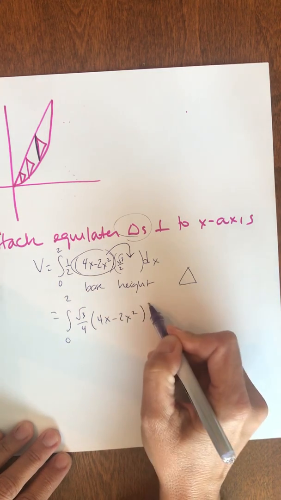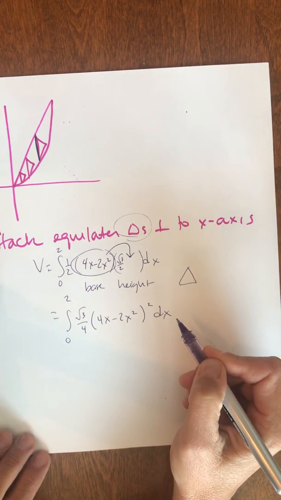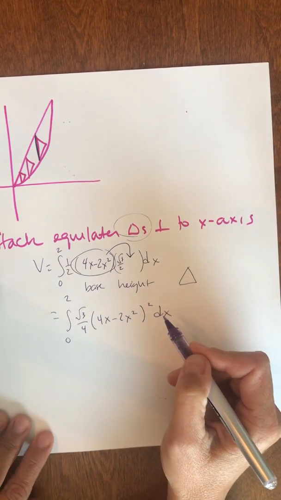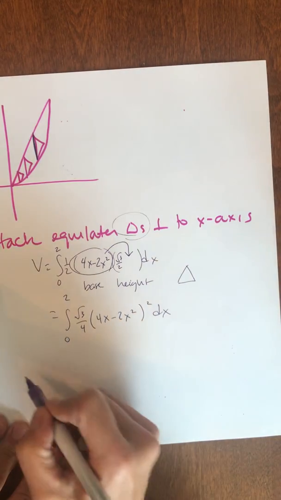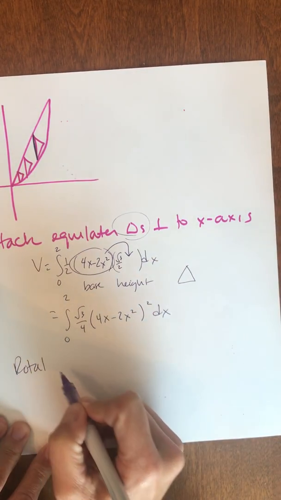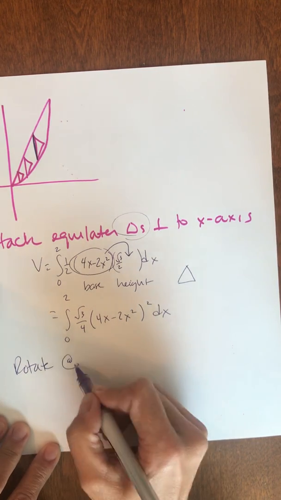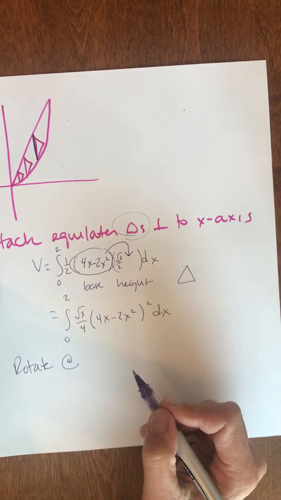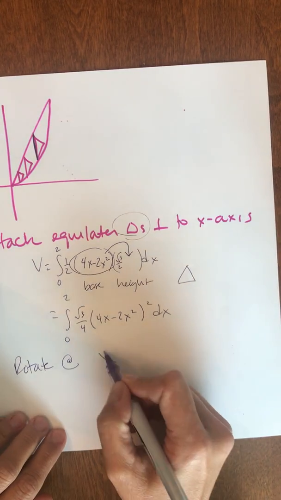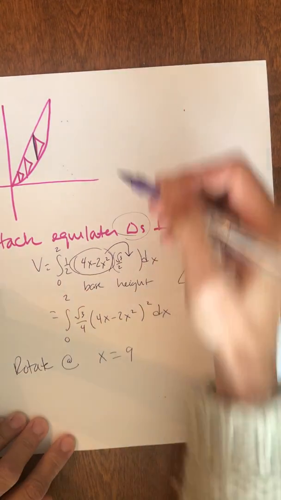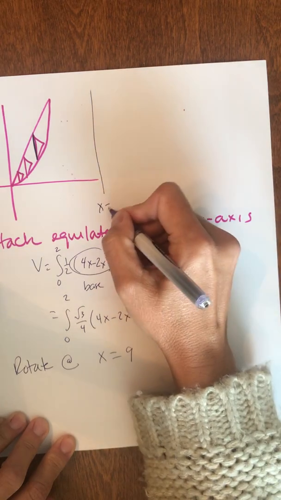All right, and let's do one more because I have some space here. Let's rotate this region around x equals 9. So x equals 9 is over here.